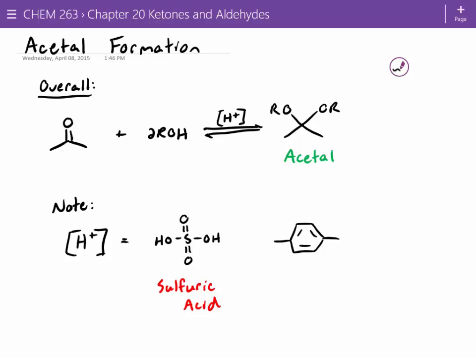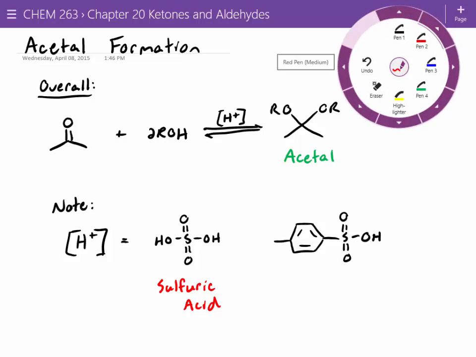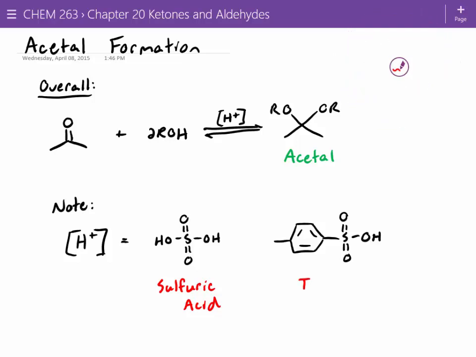looks very, very similar to a reagent that we've seen before. What's this functional group called? Tosyl. And then we're going to put on an acidic group on there. So what might it be called? Tosylic acid. And oftentimes we abbreviate that as just TsOH.